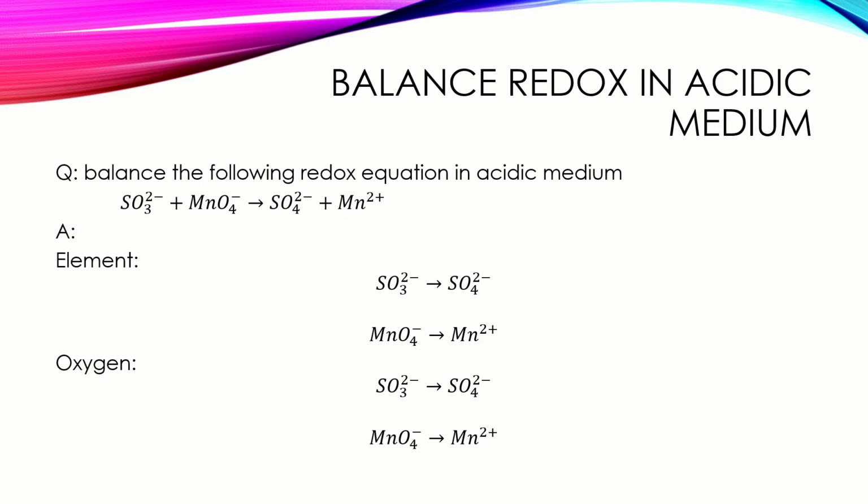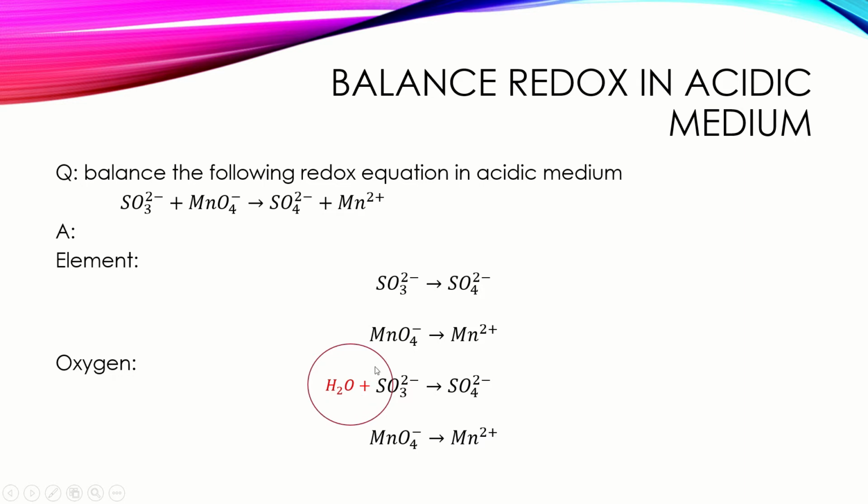To balance the oxygen, we are going to add H2O. On the left side, we have 3 oxygen in SO3 2-. On the right side, we have 4 oxygen in SO4 2-. So to balance the oxygen, we add H2O.